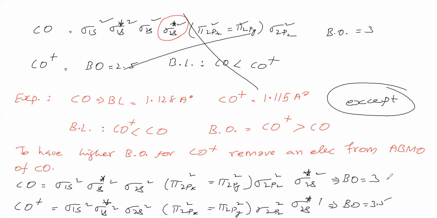Okay, then we will go for CN minus. CN minus is called cyanide. Here we will see the molecular orbital energy order. First sigma 1s comes, then sigma star 1s, then sigma 2s, then sigma star 2s. Next, what will come?